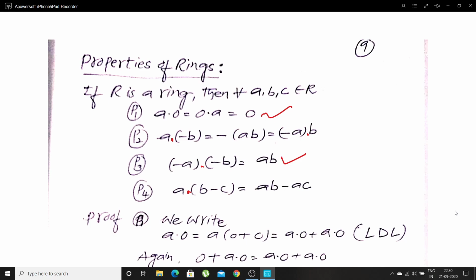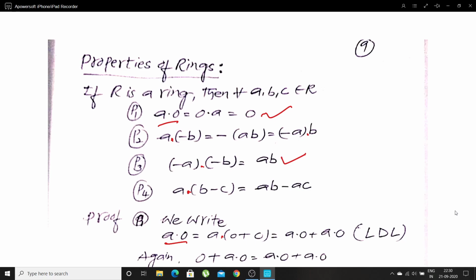Let me take the first property. Let me consider a dot 0. I'll rewrite this as a, as it is, binary operation, multiplication. That means dot as it is. I'll write 0 as 0 plus 0.